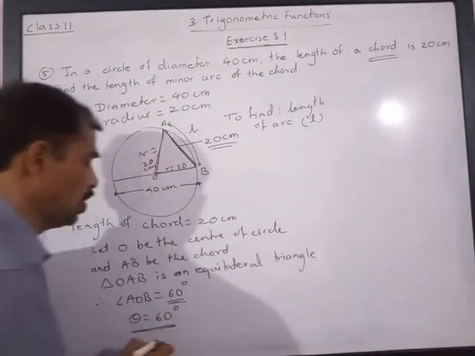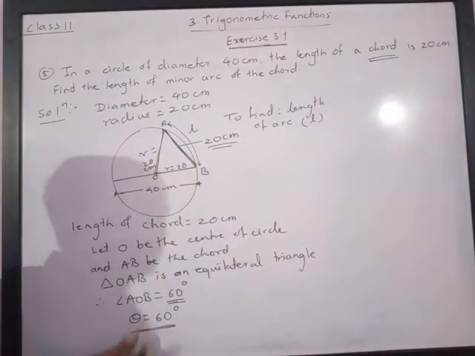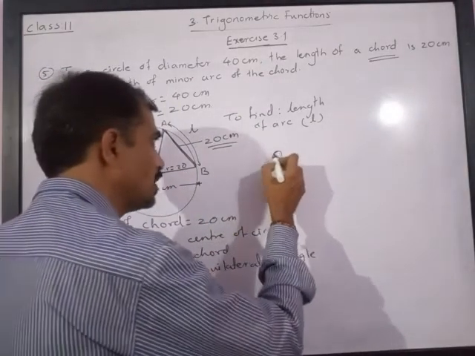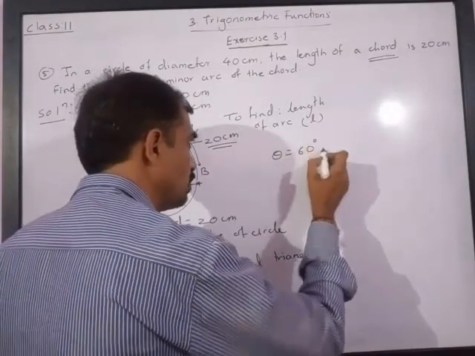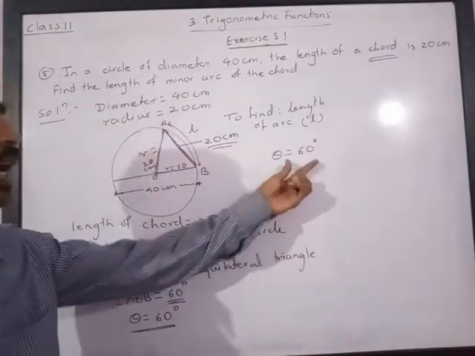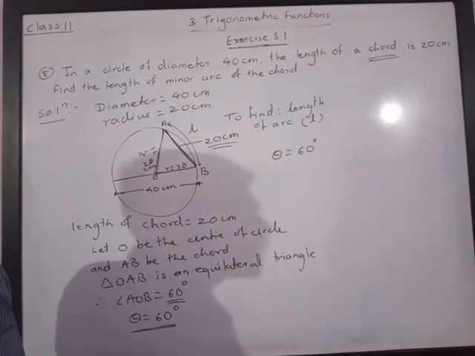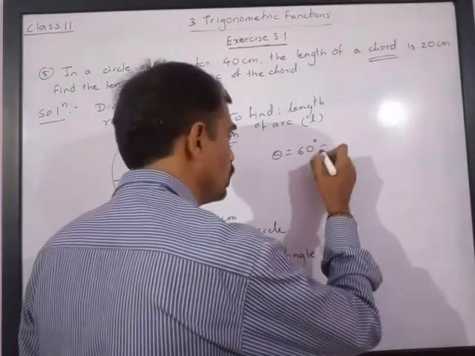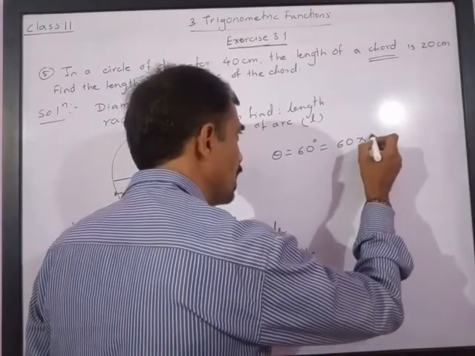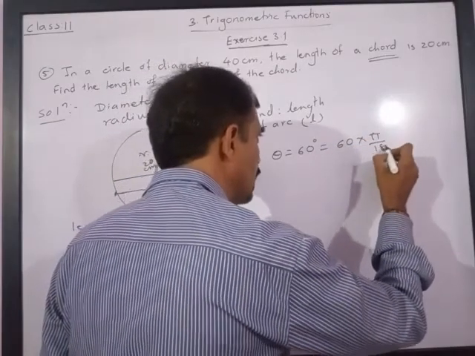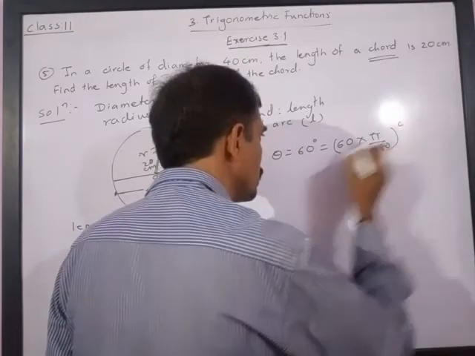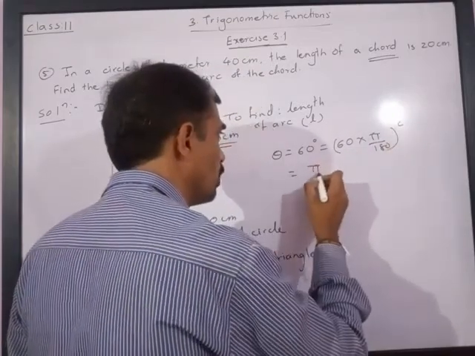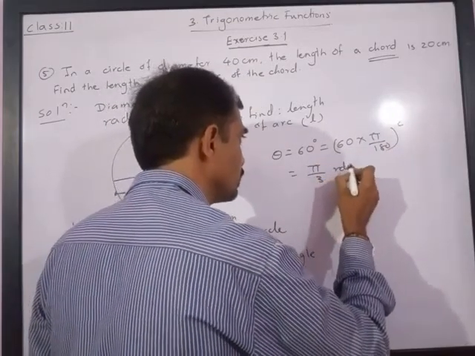To convert degrees into radians, theta is 60 degrees, and we multiply it by pi upon 180. So this is equal to 60 multiplied by pi upon 180 radians, which is equal to pi upon 3 radians.